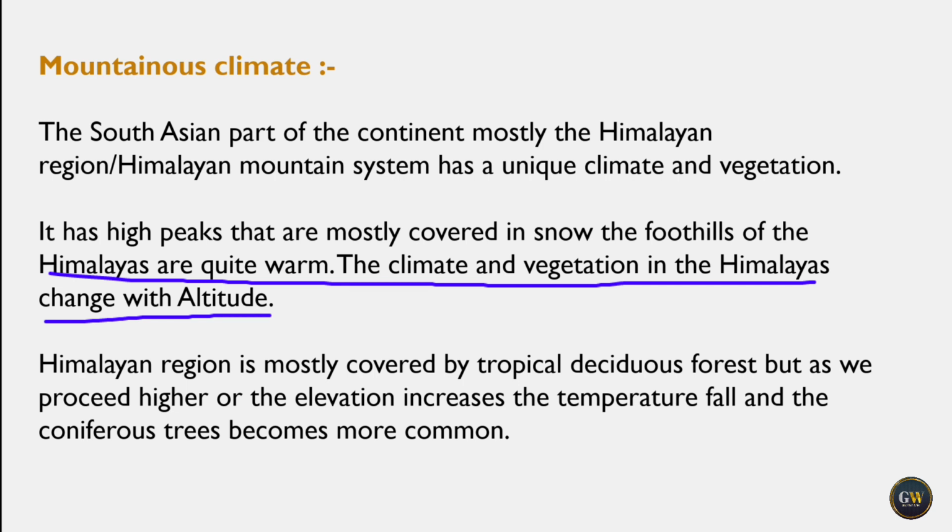The climate and vegetation in the Himalayas change with altitude. Altitude means the height above sea level. As we increase the height from sea level, the altitude increases.